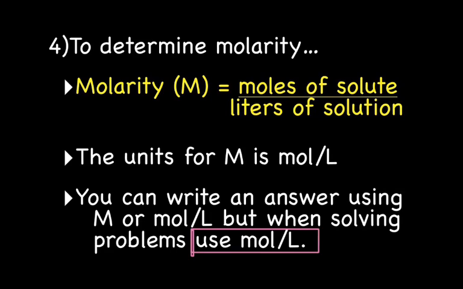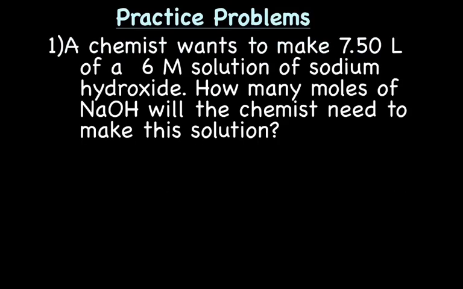Let's try a practice problem. We'll try two. First one: a chemist wants to make 7.5 liters of a 6 molar solution of sodium hydroxide. How many moles of NaOH will the chemist need to make this solution? I'm a big fan of lists to keep me from being lost, so I know I need molarity, moles, and volume in liters.